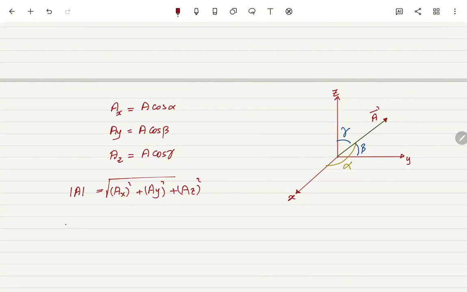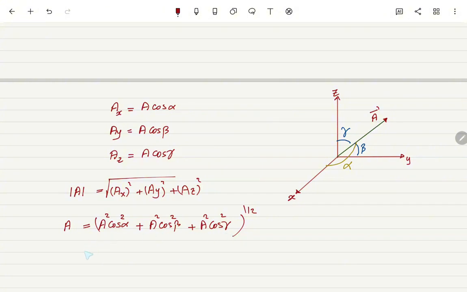or A in this case equals, we just substitute ax, ay, az, A squared cosine squared alpha plus A squared cosine squared beta plus A squared cosine squared gamma, all to the power half.